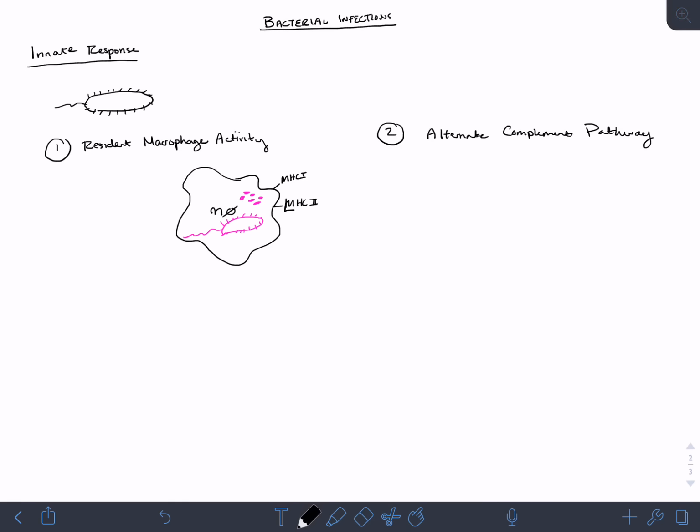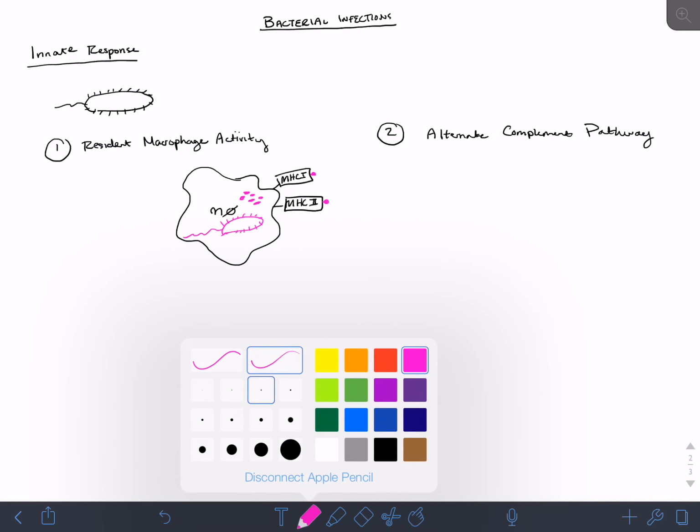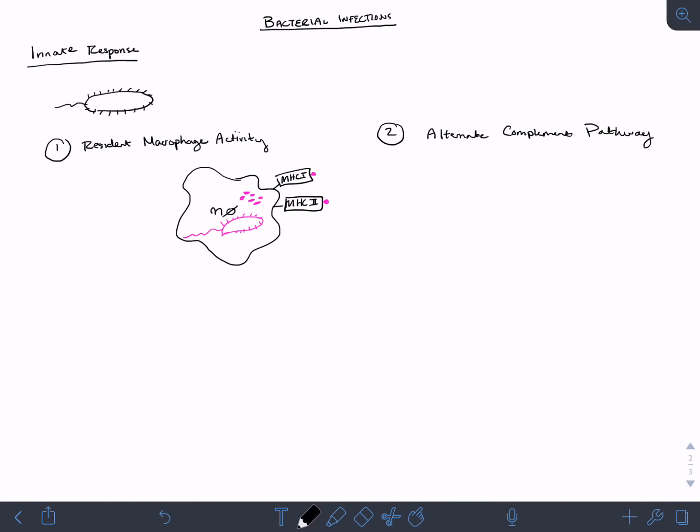So you have MHC1 and MHC2, and they now have antigens on them. This is particularly done through the exogenous pathway because you are bringing in external material, whereas viral infections will put on antigens via the endogenous pathway because viruses infect from the inside. So this is what macrophages do.